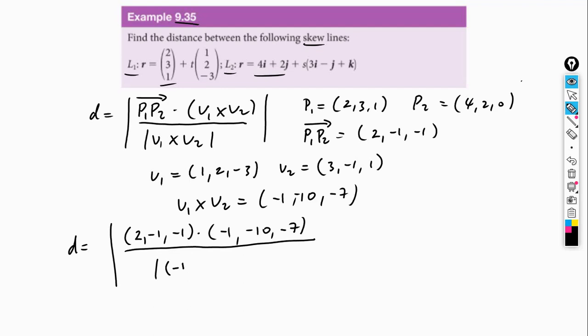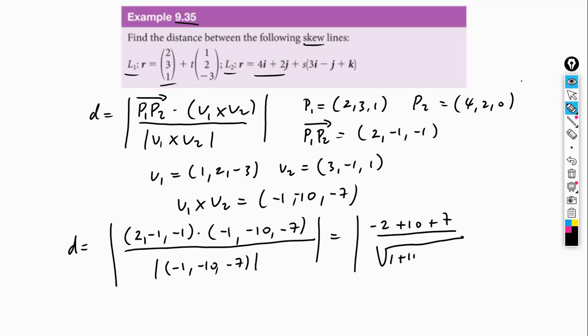So the magnitude of -1, -10, and -7. Now notice that this is going to give us the absolute value of -2 plus 10 plus 7 divided by the square root of 1 plus 100 plus 49. And then if we do the math here, this is going to give us the square root of 6 over 2.